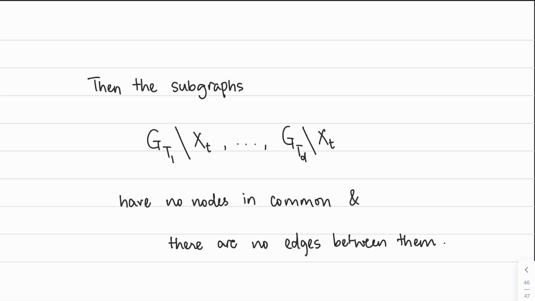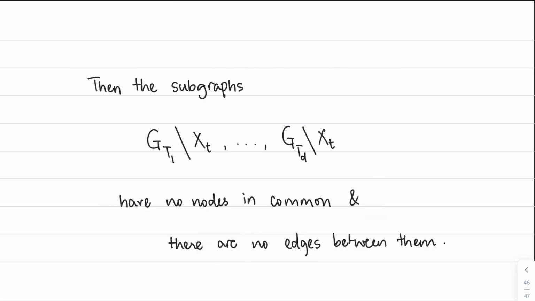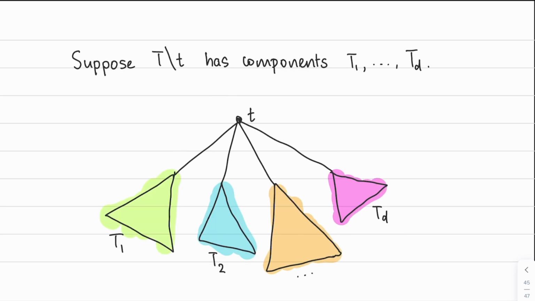So we go to our graph G and we collect all the vertices that appear in bags of T1, but then we remove all the vertices that correspond to the root bag, which would be xt. So that is GT1 minus xt. So GT1 is notation for, let's go back to our graph G, of which this was a tree decomposition, and let's pick up all the vertices that appear in bags of T1, which is the first subtree that we got when we deleted the vertex T from the tree.